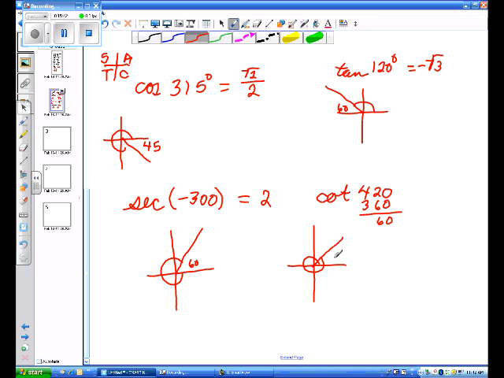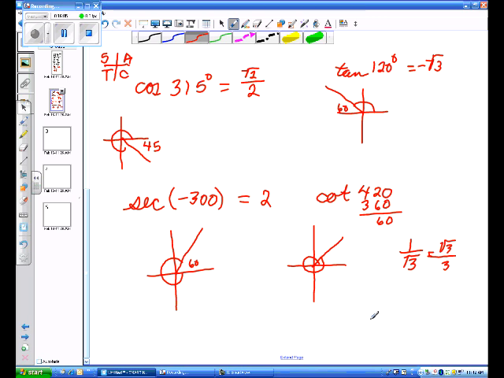Now, the tangent of 60 is the square root of 3. So the cotangent of 60 is 1 over the square root of 3, or square root of 3 over 3. And we're in the first quadrant, so it would end up being positive.